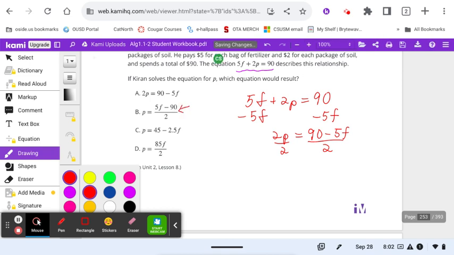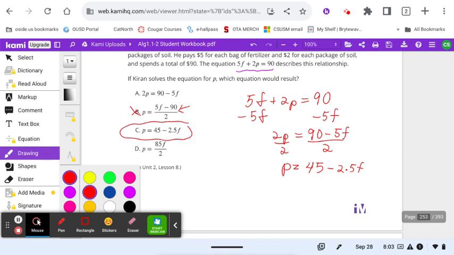It's got a -90 and a +5, so it's like the fake out one, be careful. It wants us to do like the warm-up from our recent lesson where we keep simplifying this into 45, 90 divided by 2, and then 5 divided by 2, 5 halves F, is also known as 2.5F. It should be this one. What do you think? Is that what you got?